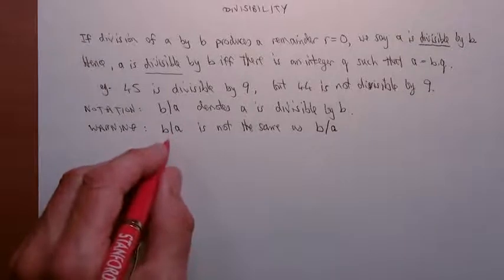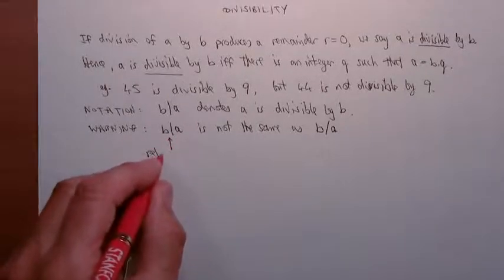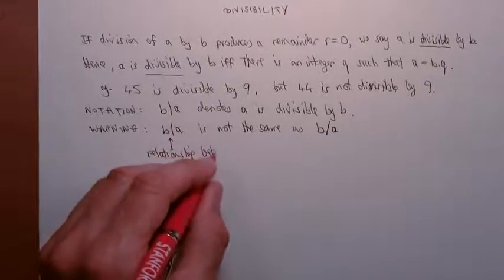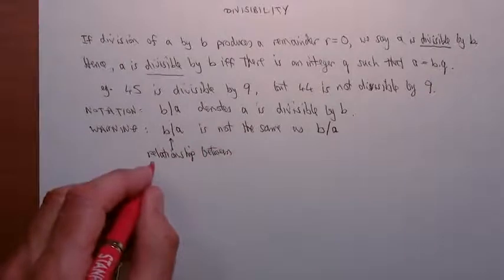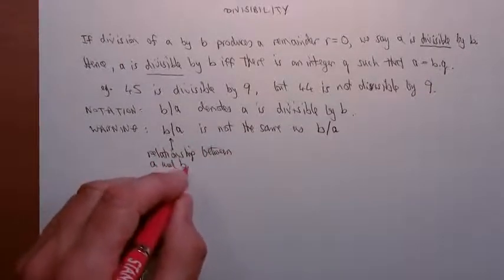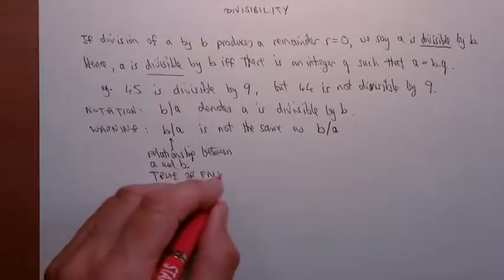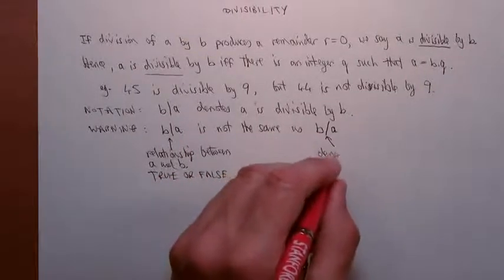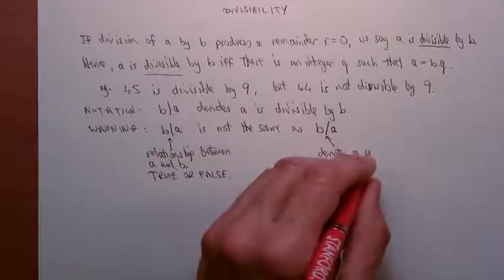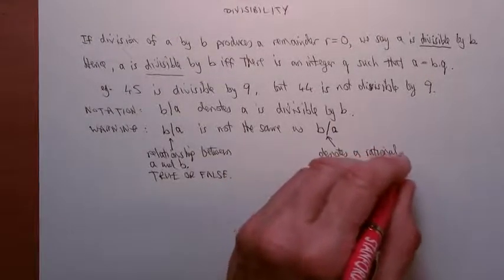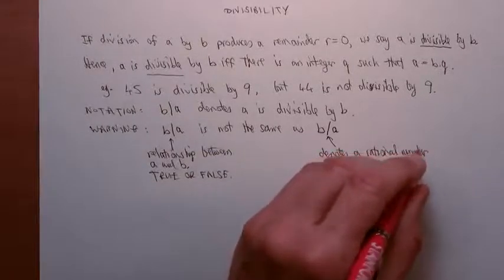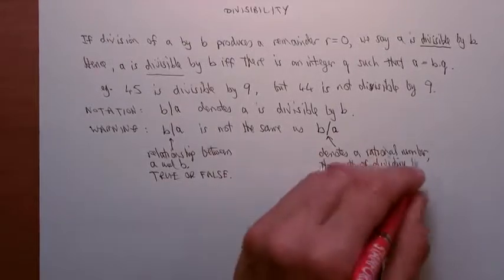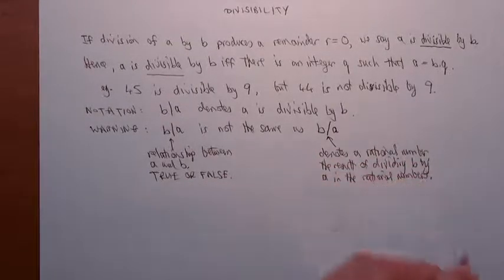This one is a relationship between a and b. It's true or false. This one denotes a rational number, the result of dividing b by a in the rational numbers.